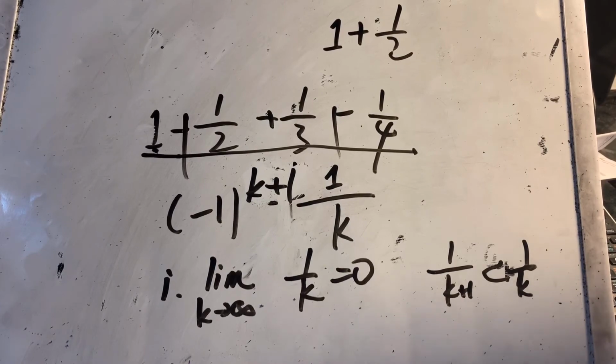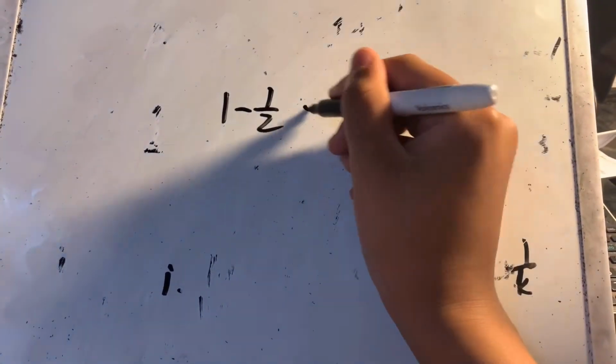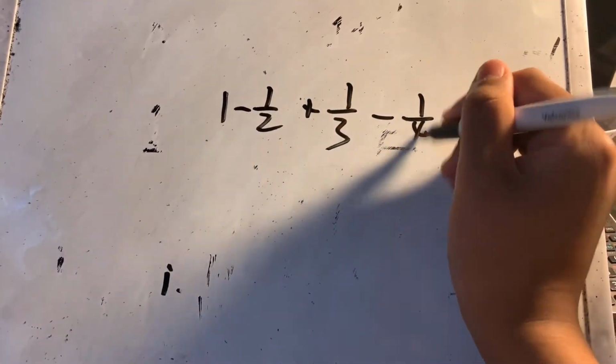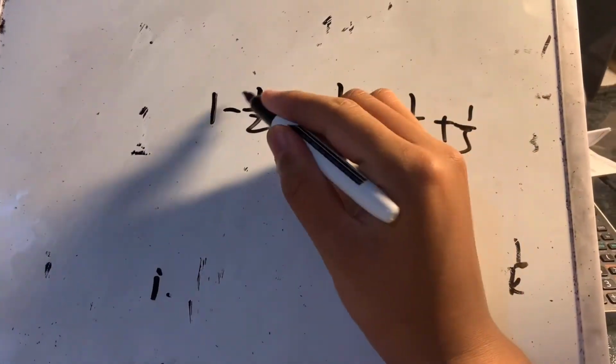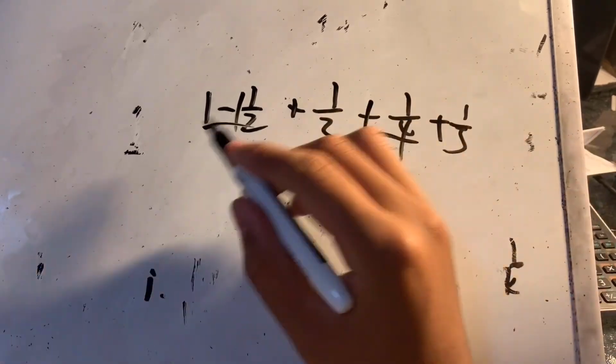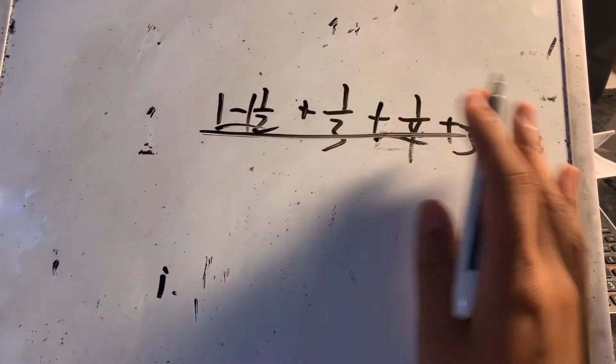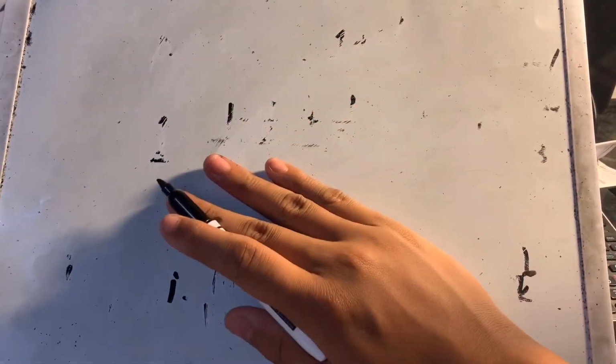For example, we have talked about the series. If we are going to talk about whether this converges absolutely, you first change every minus to plus. And since we have proven before that this does not converge, this does not converge absolutely.